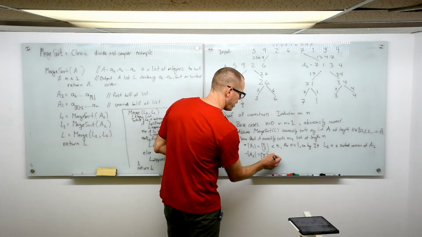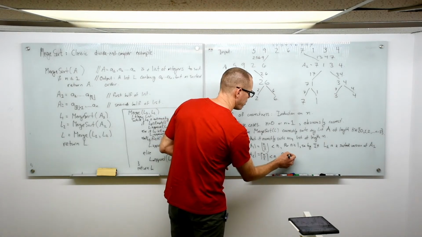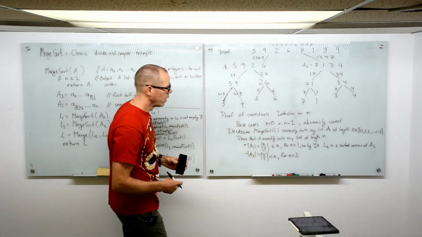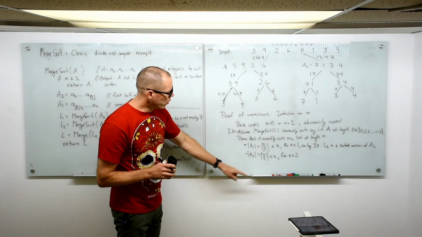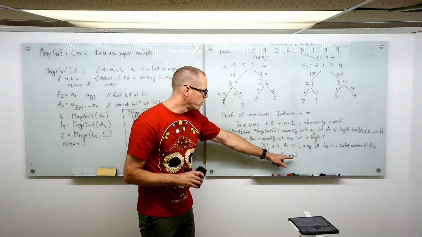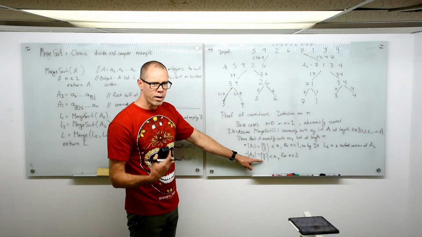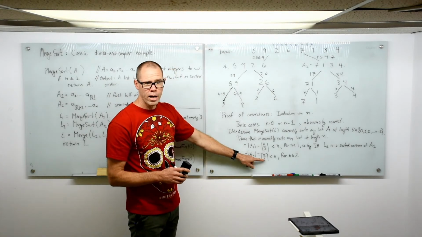And that is less than n as long as n is bigger than or equal to 2. So when n equals 2, 2 over 2 is 1. The ceiling of that is 1, which is smaller than 2. And that works for any n greater than or equal to 2. Doesn't work, though, for n equals 1.